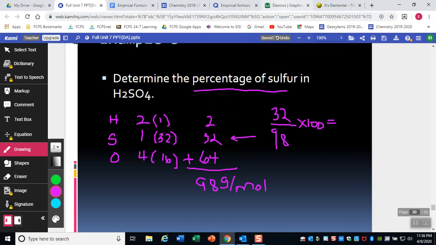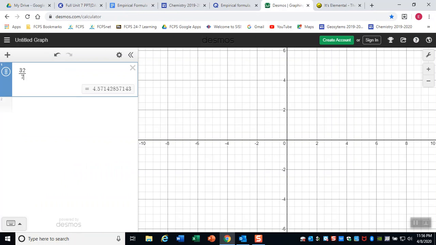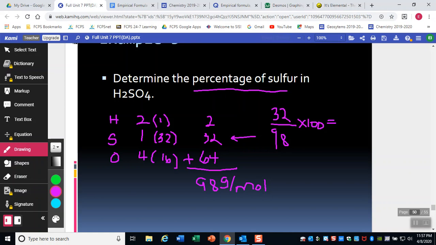So let's see, 32 divided by 98, oops, times 100. So that's about 32%, which makes sense because 98 is like 100. So 32.65%. All right, if I wanted to be very precise.